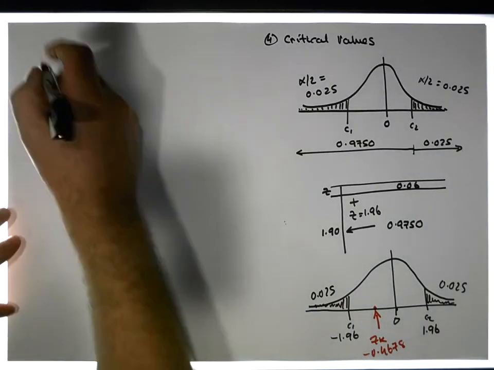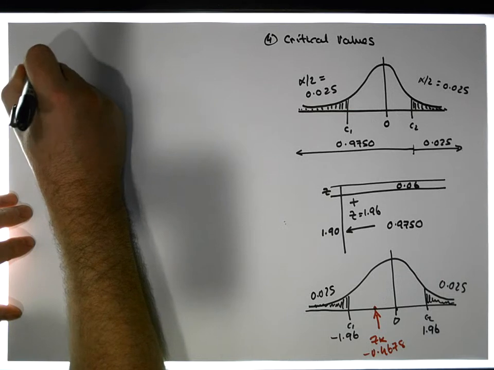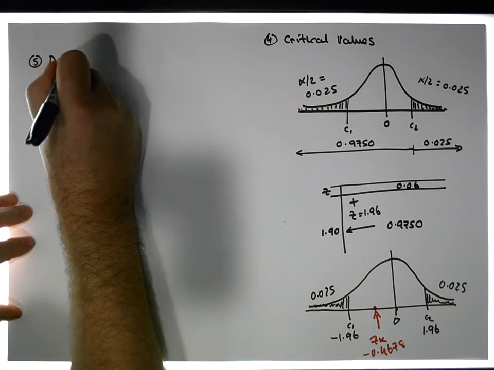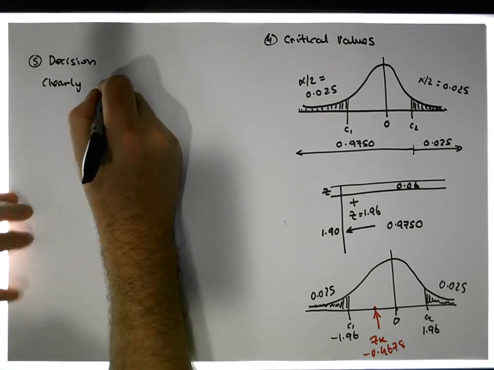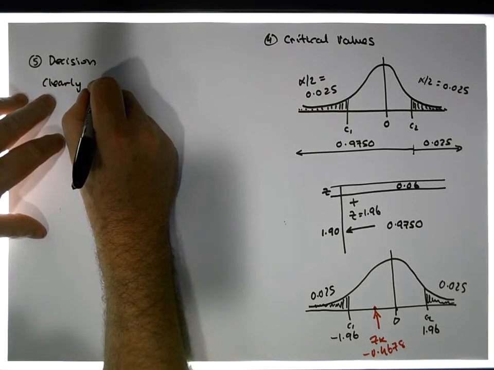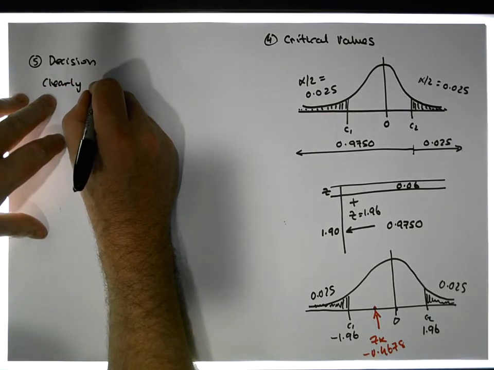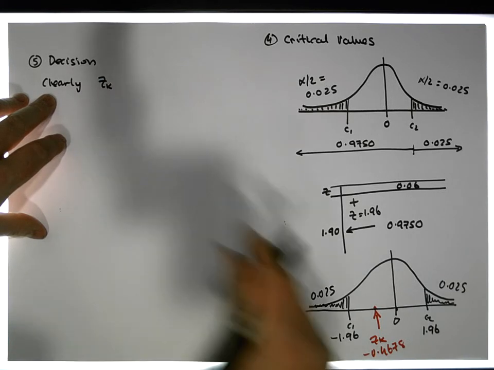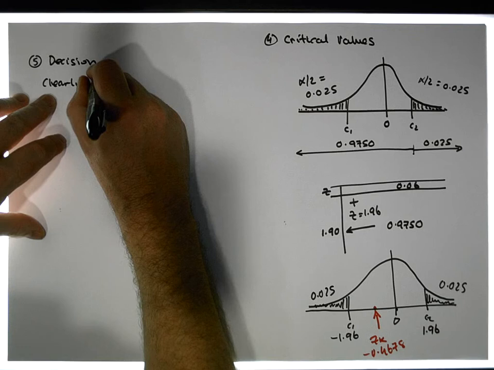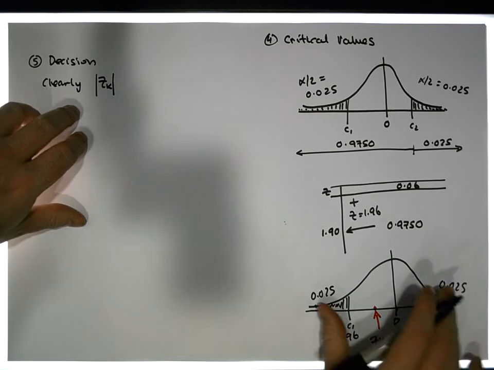So our decision, which is our 5th step in any hypothesis test, is clearly this: our test statistic, Z of k, or actually the absolute value of it, since it's a two-tailed test so I'm going to throw away the signs.